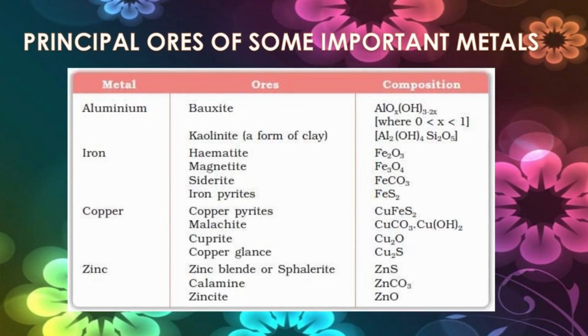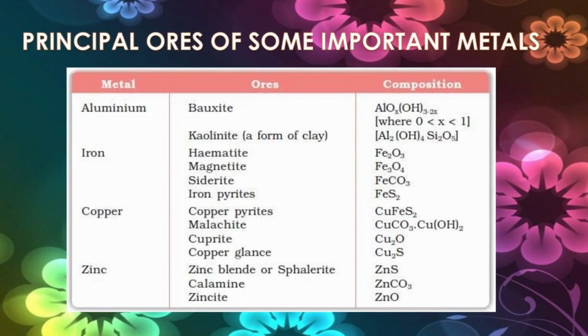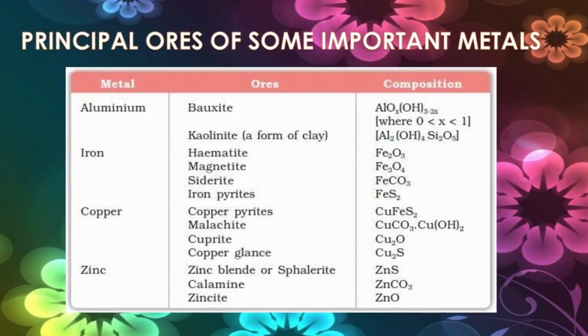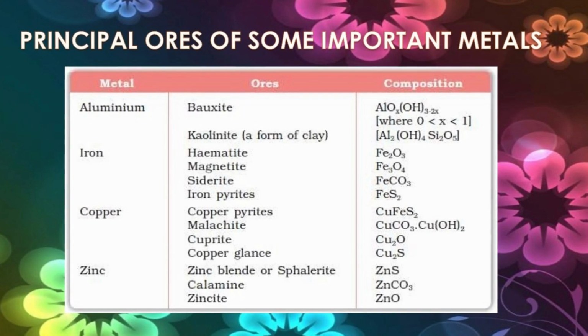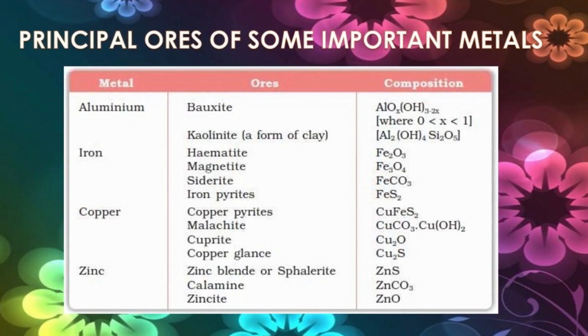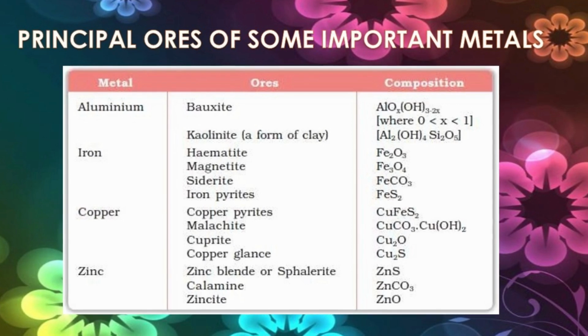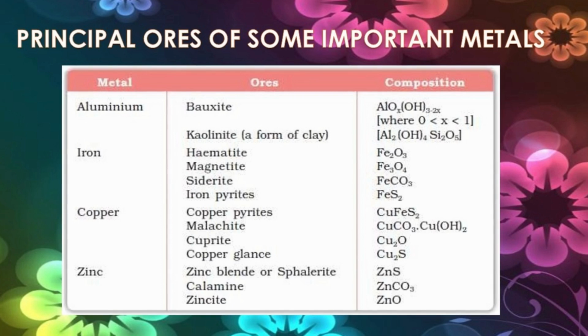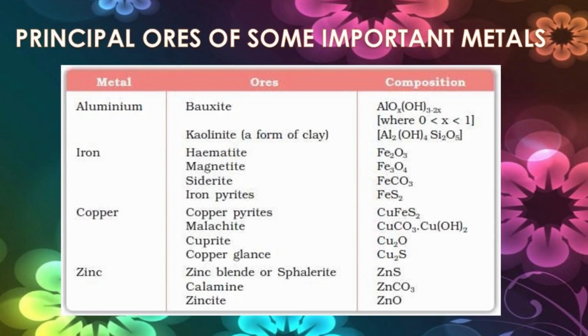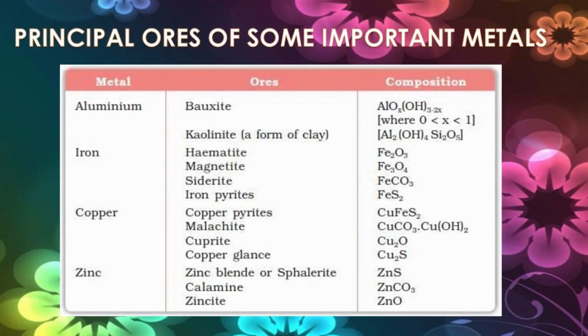For copper and zinc, any of the listed ores may be used depending upon availability and other relevant factors. Before proceeding for concentration of ores, the ores will be graded and crushed to a reasonable size.